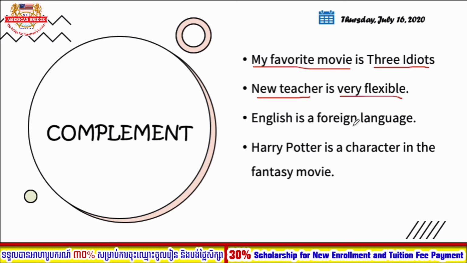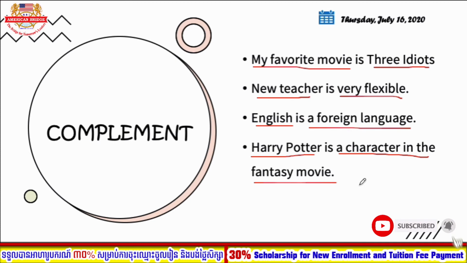Again, there is no object in this sentence. English is a foreign language, so a foreign language and English are the same, so it is not the object. Harry Potter is a character in the fantasy movie. It has the same meaning as a character in the fantasy movie, so there is no object in this sentence.